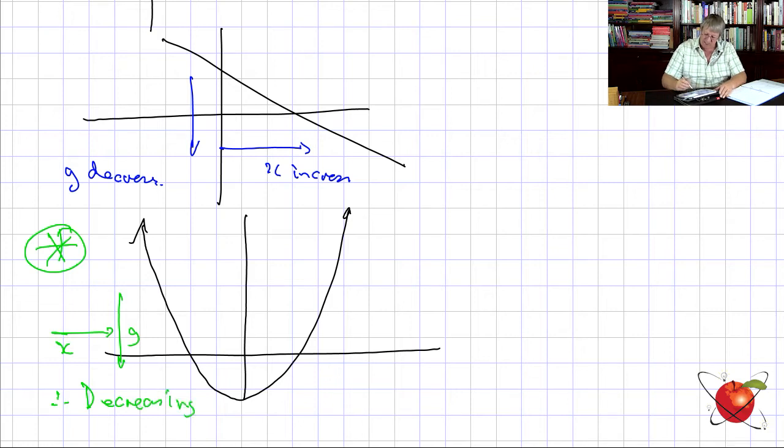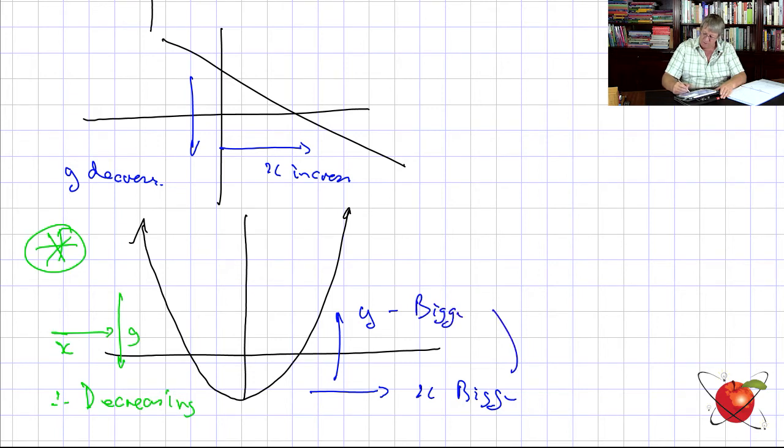And as we go to the other side, we always look at what's happening to x. X is getting bigger, and y is also getting bigger. So we say this function is increasing. That's fair enough. We've got a function that can be increasing and decreasing as it changes its curve, its shape. So we've got functions that are increasing and decreasing.